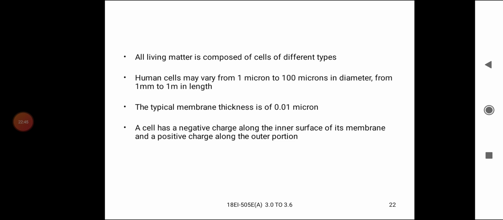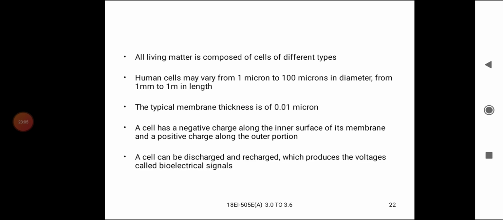A cell has a negative charge along the inner surface of its membrane and a positive charge along the outer portion. A cell can be discharged and recharged, which produces voltages called bioelectrical signals.